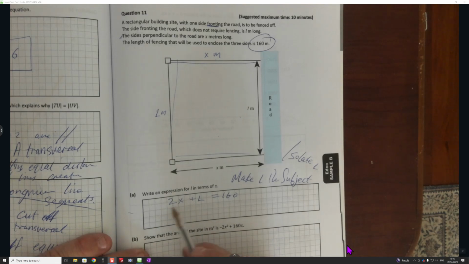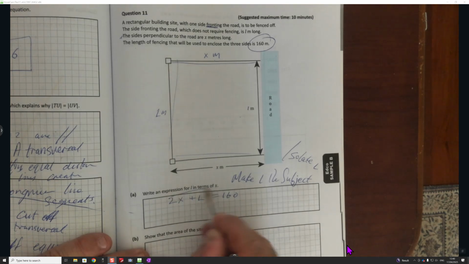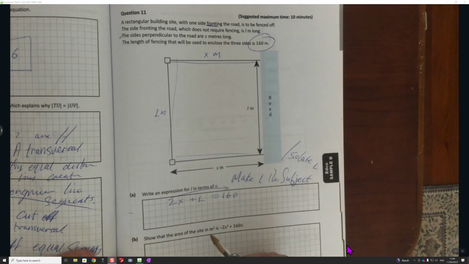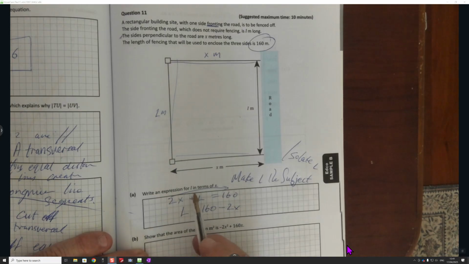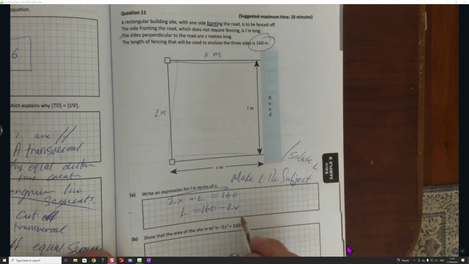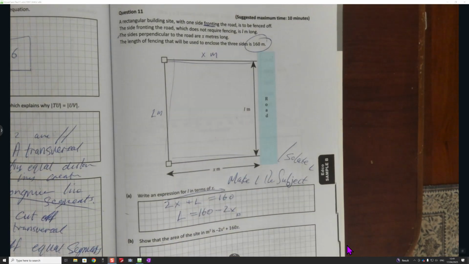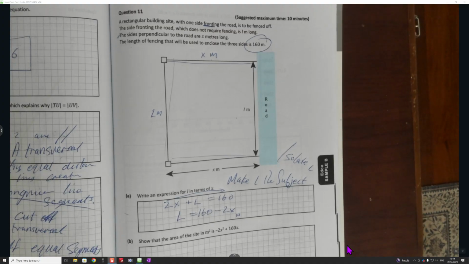The 2x is a term we don't want here, so we will transpose it, take it across. So it will turn into negative 2x. So L is equal to 160 minus 2x. And that's us done. A little box here to say you're finished. Okay.